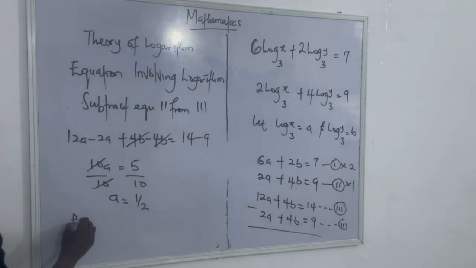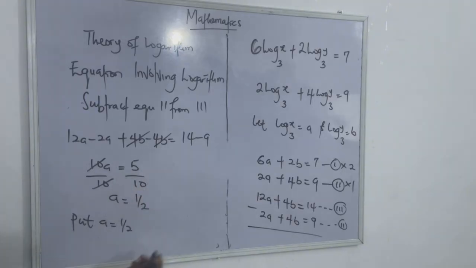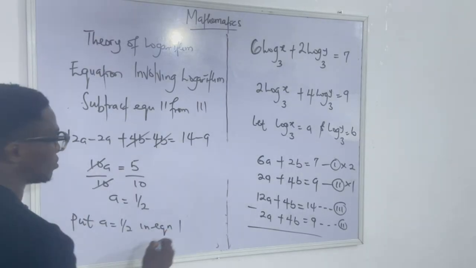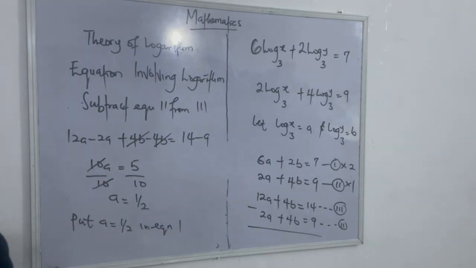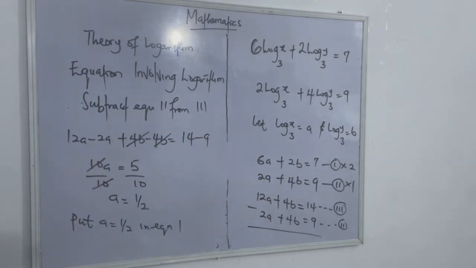Put a equals 1 over 2 in any of the equations. Let's say equation 1. Anywhere you see a in equation 1, you put 1 over 2.